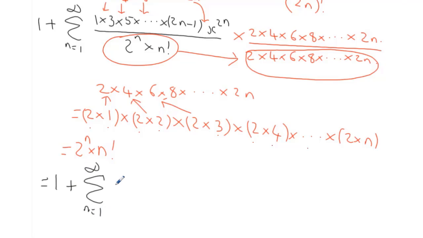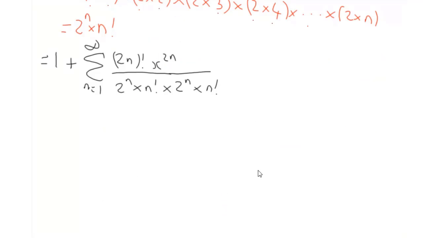Now, on the top, we just said we had 2n factorial times our x to the power 2n. On the bottom, well, you've got 2 to the n times n factorial times another 2 to the n times another n factorial. We can simplify this. If you think of 2 to the n times 2 to the n, well, that's 2 to the power 2n, which is 2 squared to the power n, equals 4 to the n.